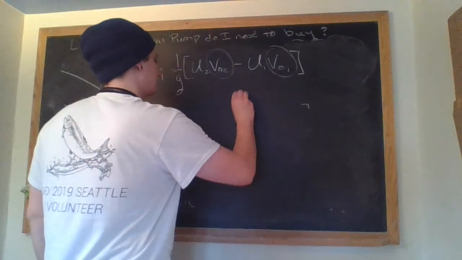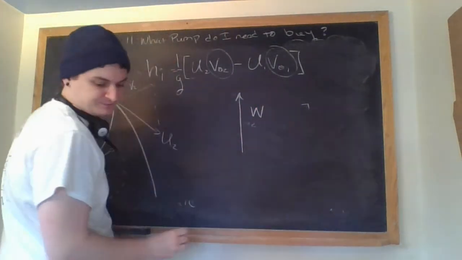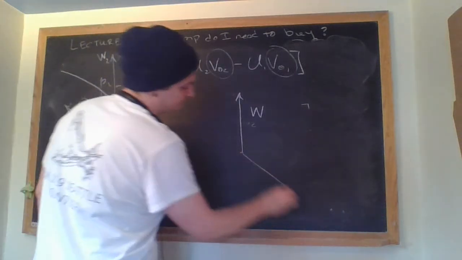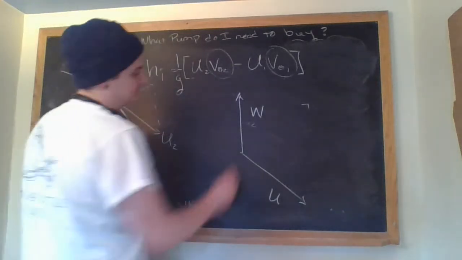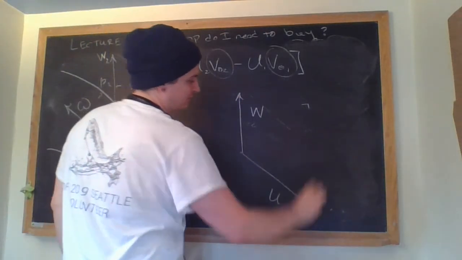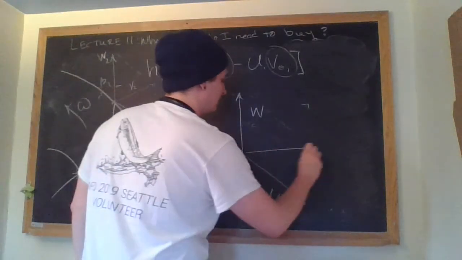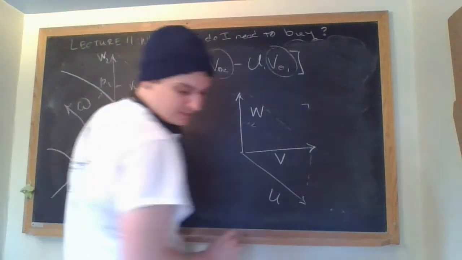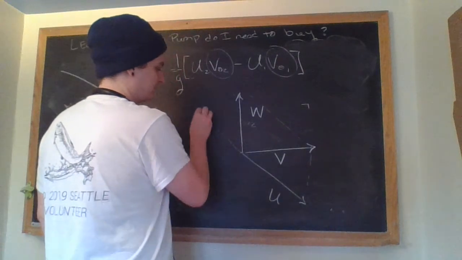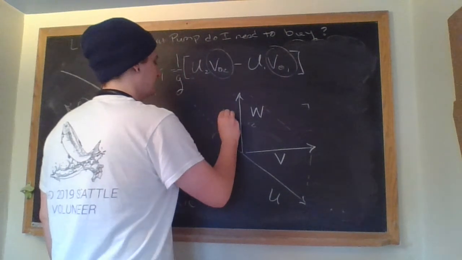You have this W. This one is a U. This one's my V. Okay, here is this beta.